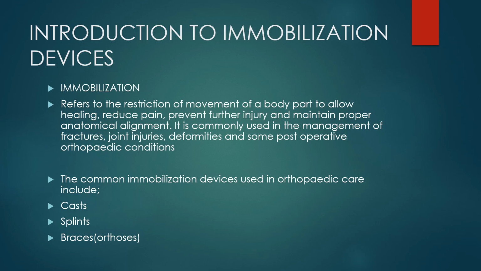So immobilization refers to the restriction of movement of a body part to allow healing, reduce pain, prevent further injury, and maintain proper anatomical alignment. And this technique or method is used mostly to manage fractures, joint injuries, deformities such as clubfoot, and some post-operative orthopedic conditions.